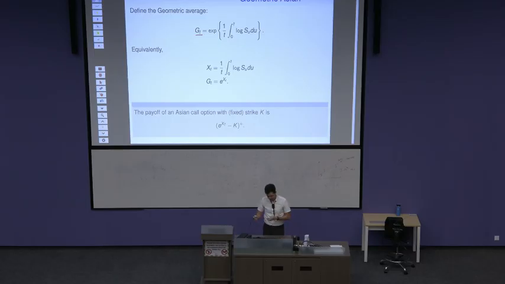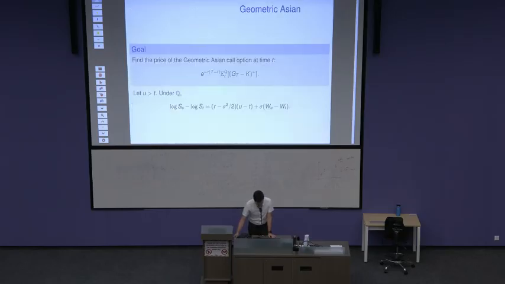And I just define a couple of objects to make the calculations easier. So X_T is the exponent here, and therefore G_T is e to the power X_T. And therefore what I want to compute is something like a call option on G_T, and G_T is e to the power X_T. Okay, that's my payoff, and correspondingly I want to compute the price of this option.